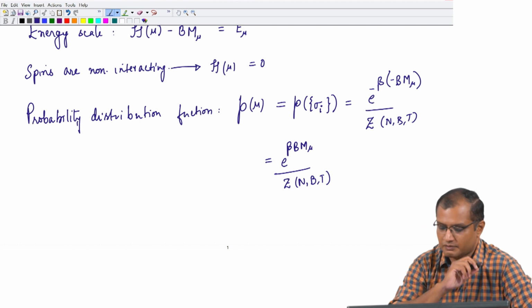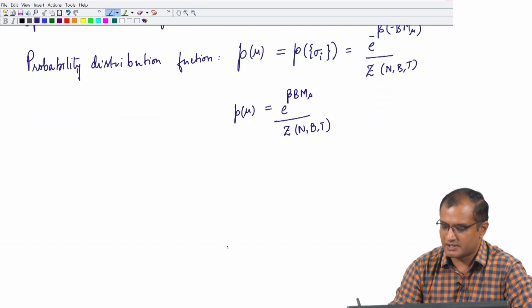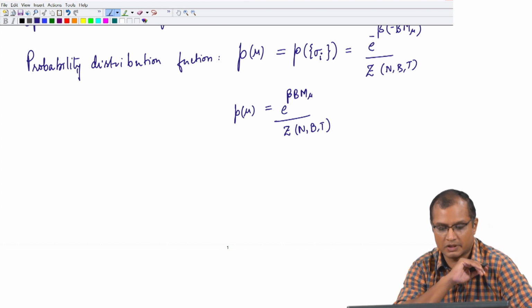Now we can compute the canonical partition function, because that is required to build the connection with thermodynamics.